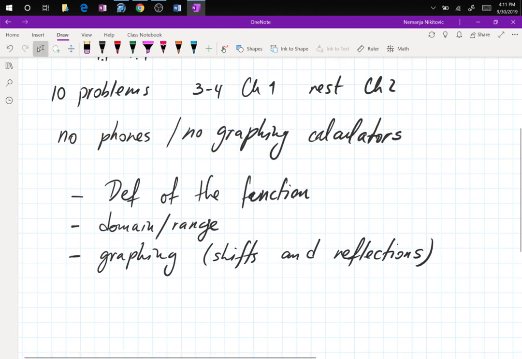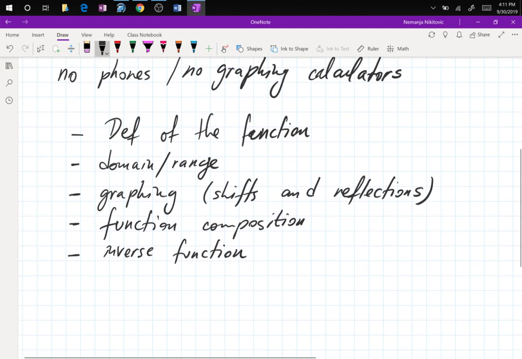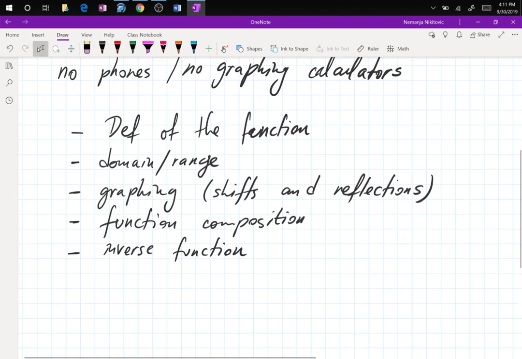We have function composition. And finally, we have inverse function. So these are all chapter 1 concepts, and all of this stuff is possible.